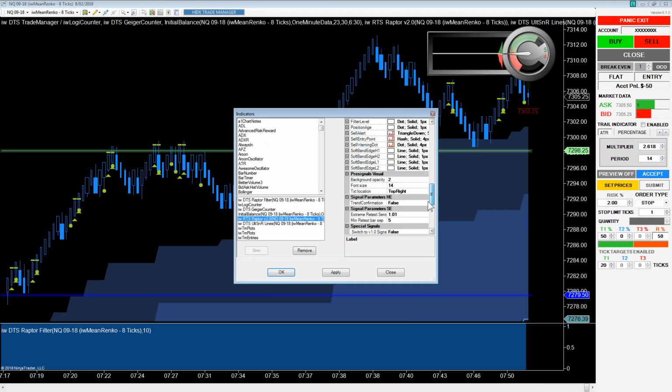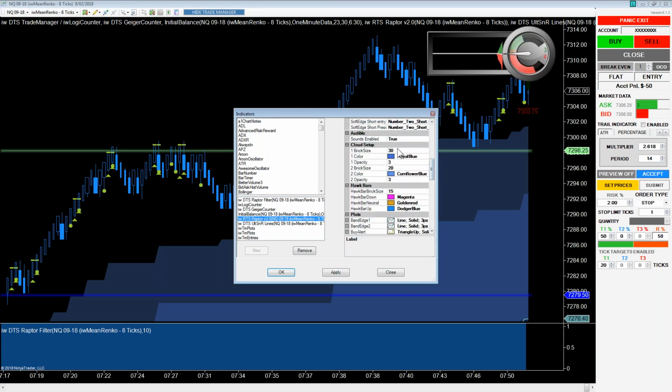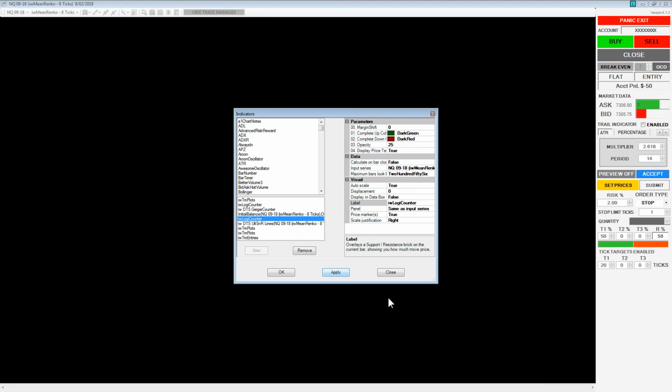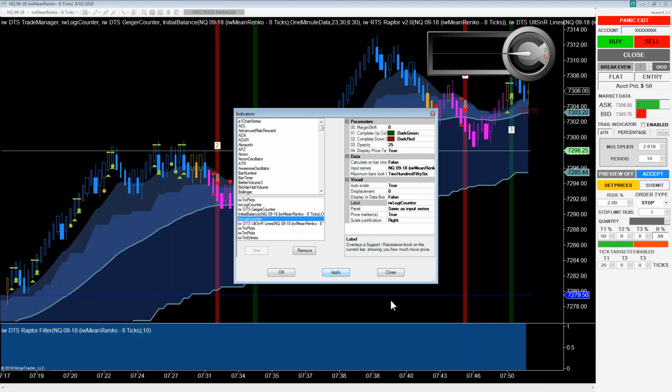So like I said, the nice thing about the Raptor is that it's open to experimentation. You can play with it. It's okay, you won't break it.